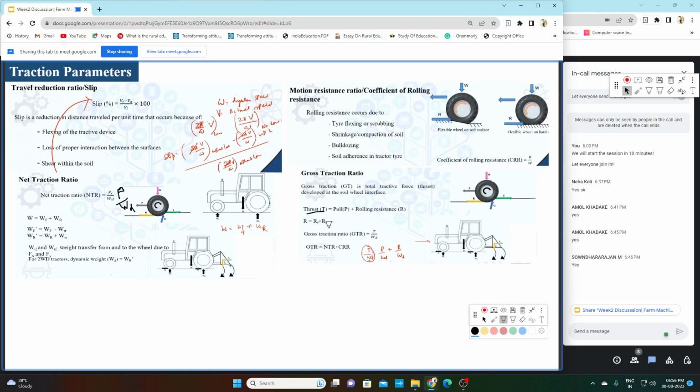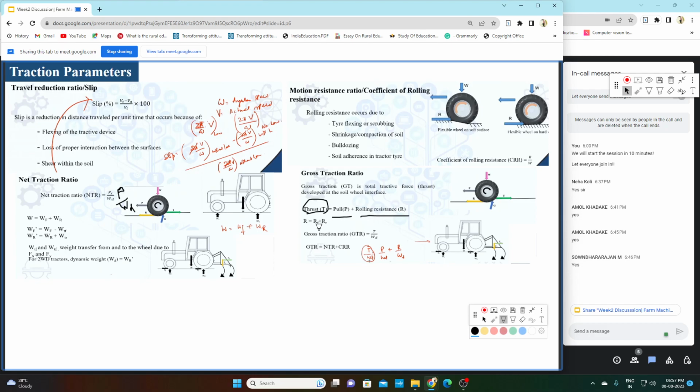And again I am telling you, this thrust force takes into account two other forces: one is pull and another is rolling resistance. So thrust will be equal to pull plus rolling resistance.